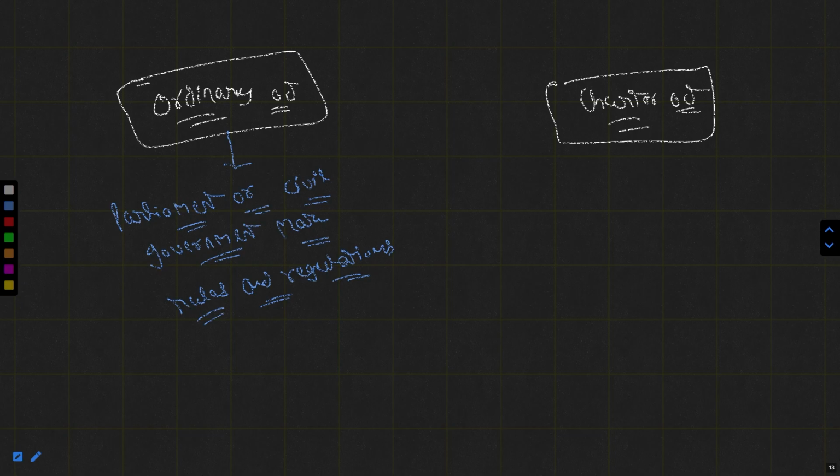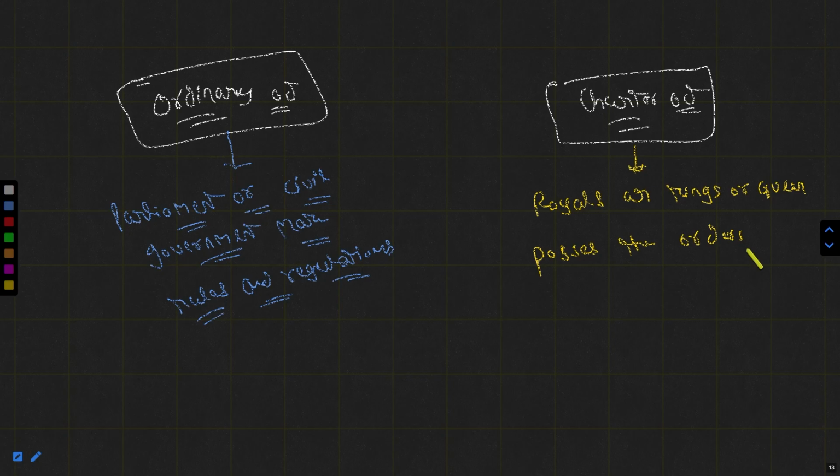But in the case of a Charter Act, basically the royals, king or queens, pass the orders. So that is the difference between the ordinary act and the Charter Act.